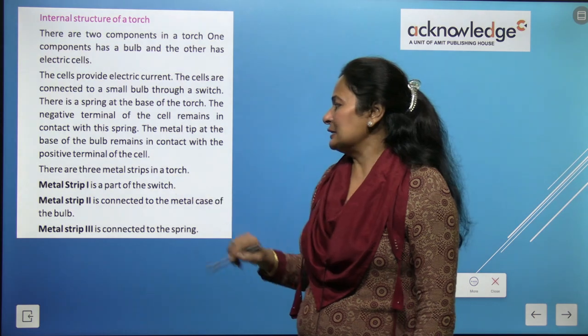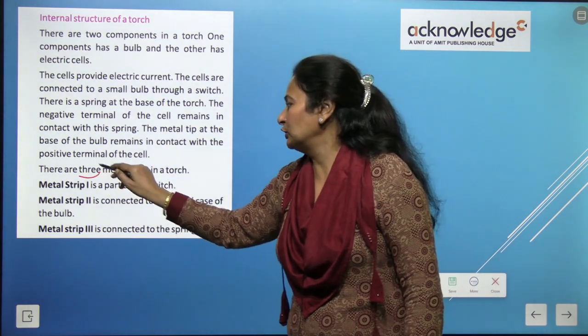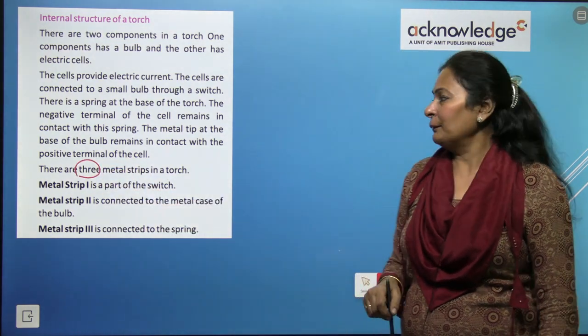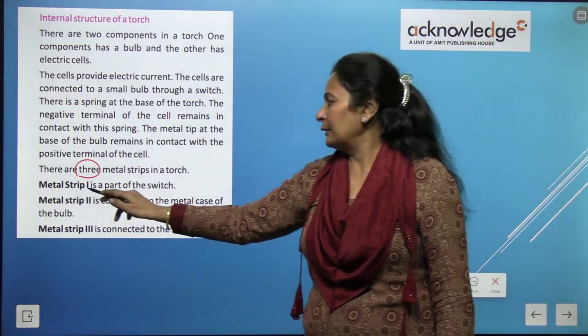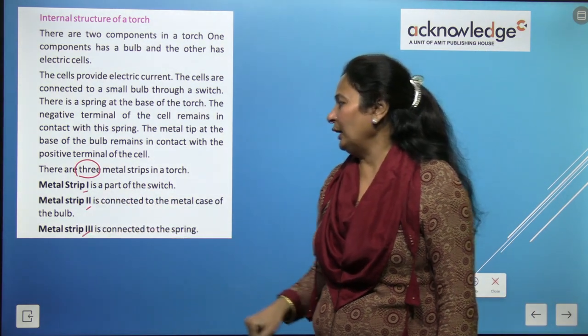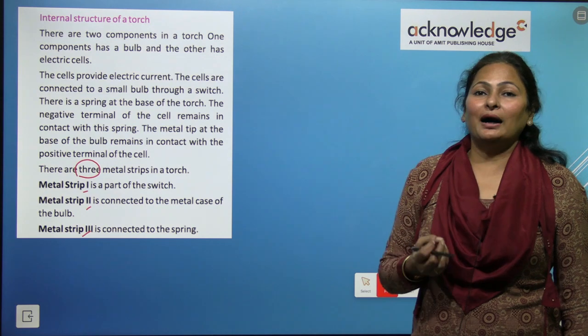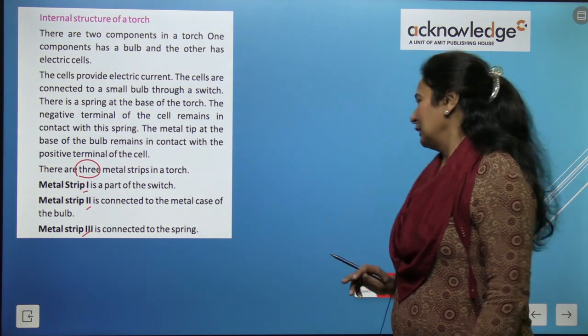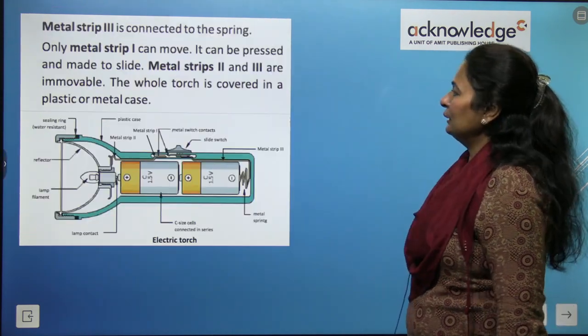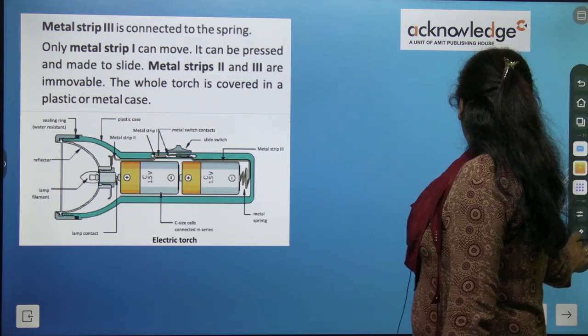Now, three metal strips in the torch. You will see metal strip 1, metal strip 2 and metal strip 3. The first is a part of the switch. Where is metal strip 1?